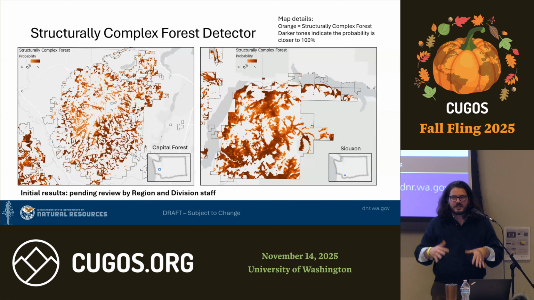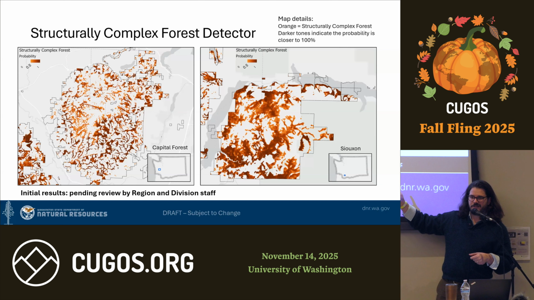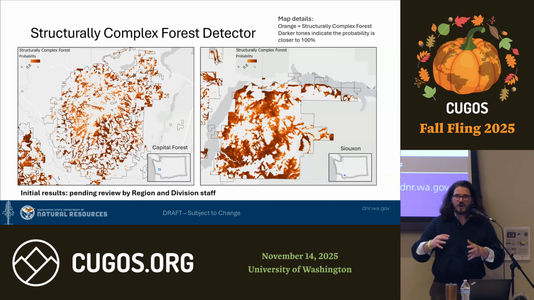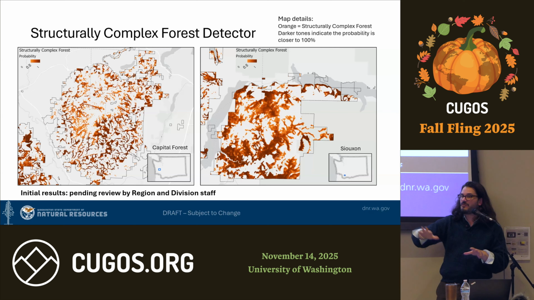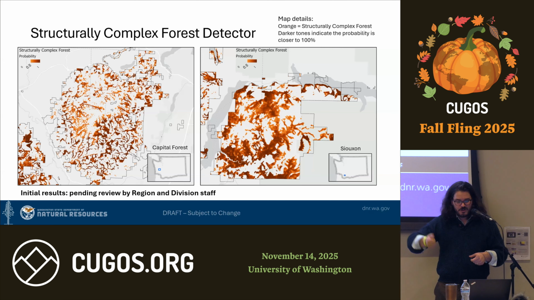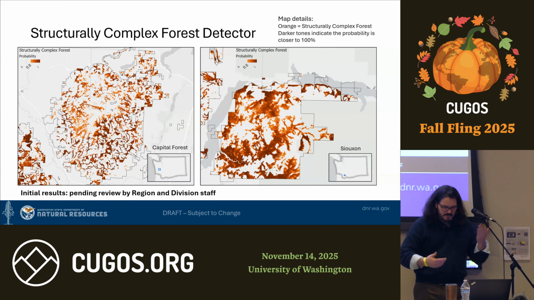And what you can see is you can almost see where the water is, and that means that our habitat conservation plan is maybe working. We don't harvest as heavily in those areas, and in some areas we preserve it almost altogether. And so you see the darker orange is a higher probability that something is structurally complex, and this is just a visual showing that.